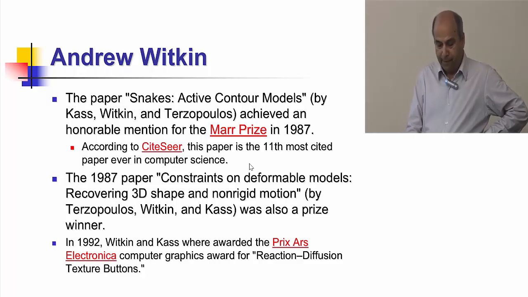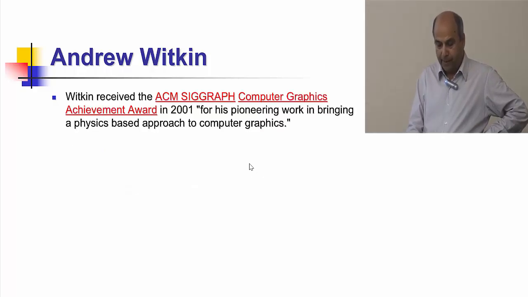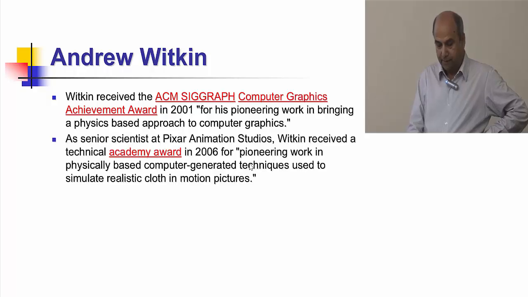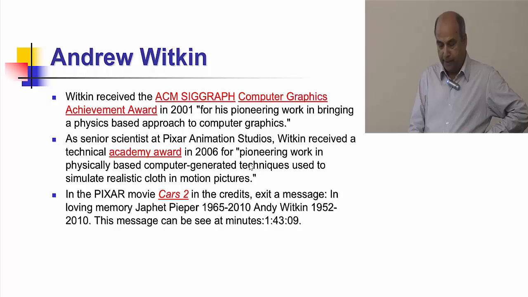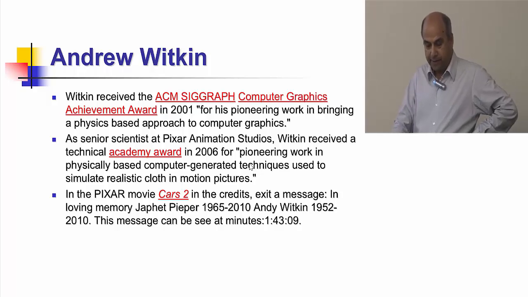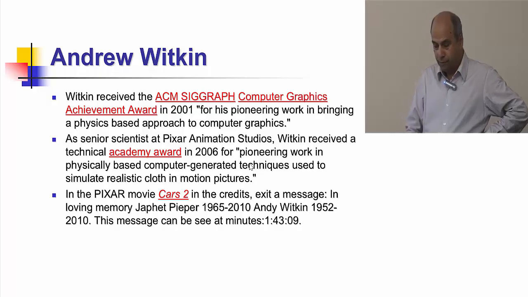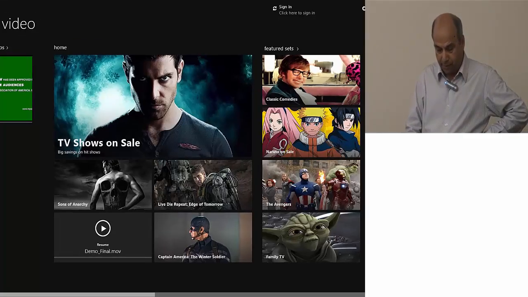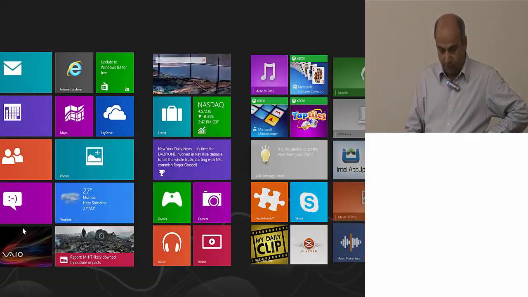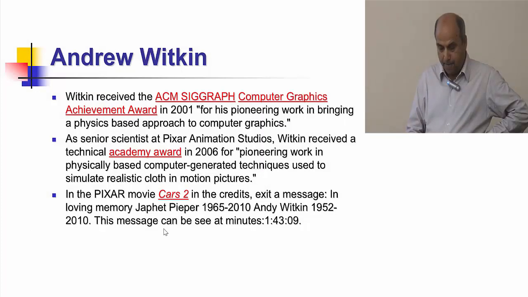Pixar gave him an award, along with the SIGGRAPH Computer Graphics Award and then an Oscar, and there's a credit for his work in the movie Cars 2, if you are interested.